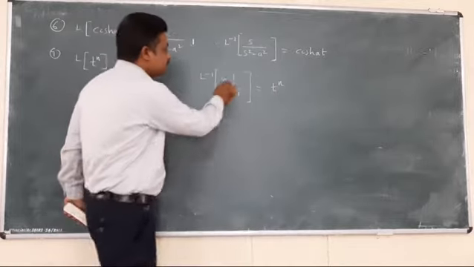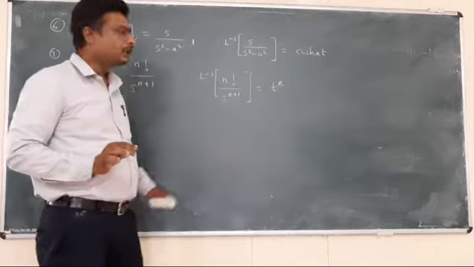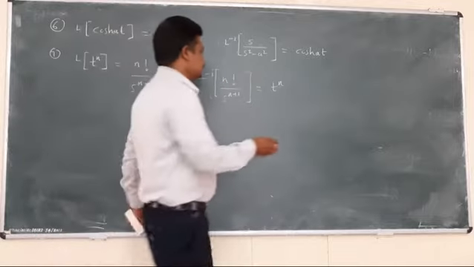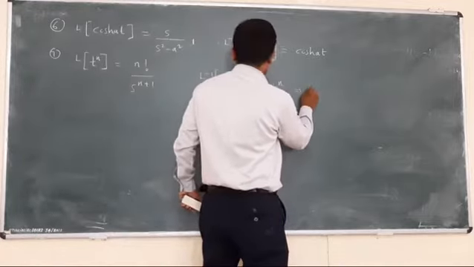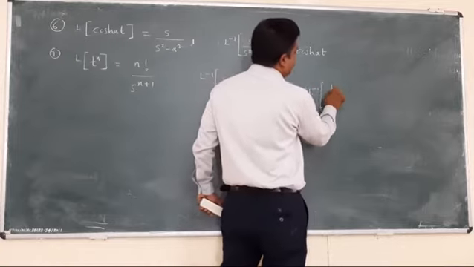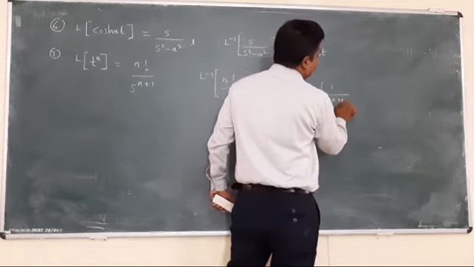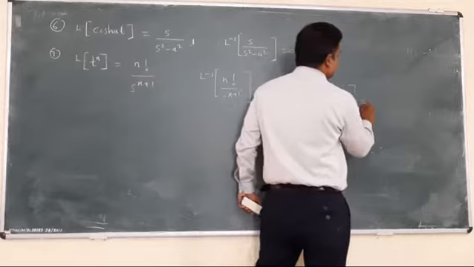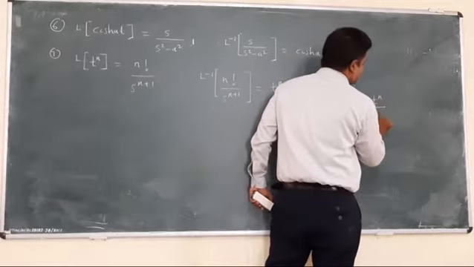Here this n factorial is constant, therefore I will take it to the RHS. This becomes L inverse of 1 upon s to the n plus 1 is equal to t raised to n upon n factorial.